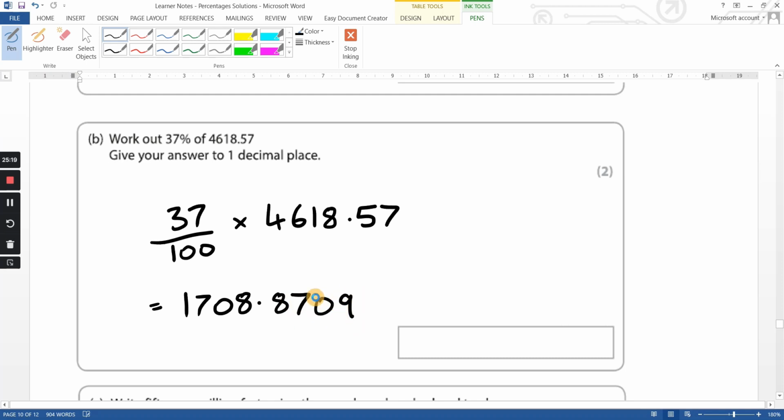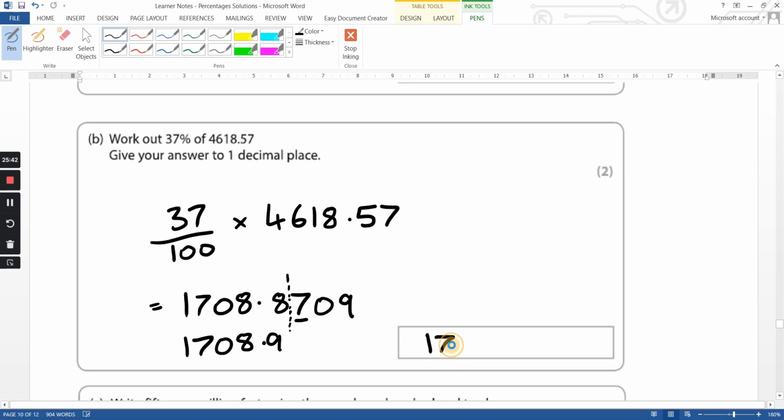1708.8709. So to one decimal place, there's my decimal point, there's one decimal place, there's my cutoff line. This 7 is going to decide what happens to the 8. Because the 7 is more than 5, the 8 goes up to a 9. The decimal point and the other digits stay the same.